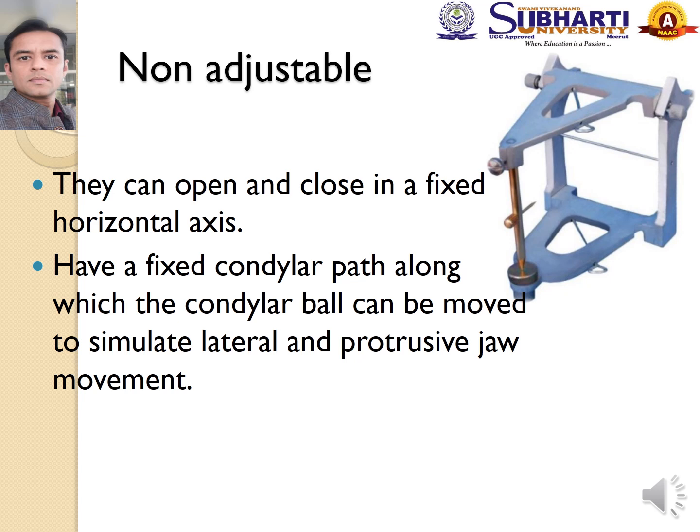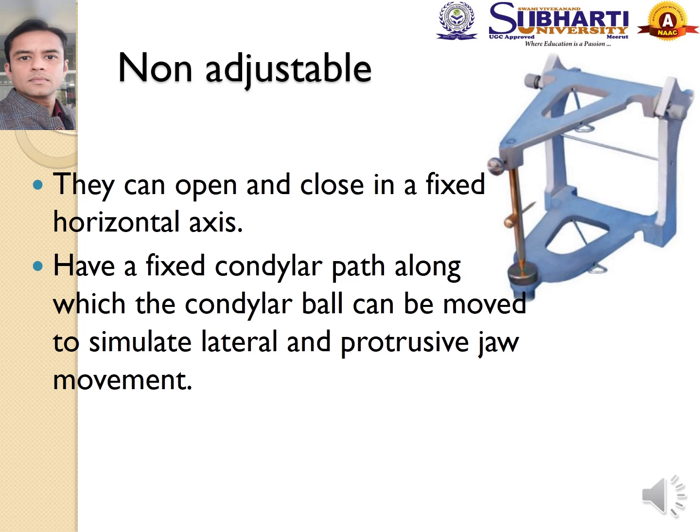We all are using this mean value articulators. Here what we can do, we can just open the upper member and we can close the lower member, and you can see the two condylar balls on the side of the upper member. So to a certain extent we can guide our upper member to a certain degree which is showing the condylar path and it is fixed, we cannot change it.